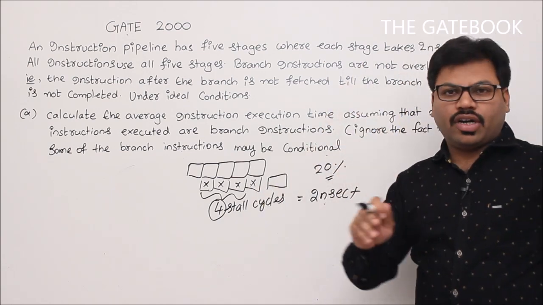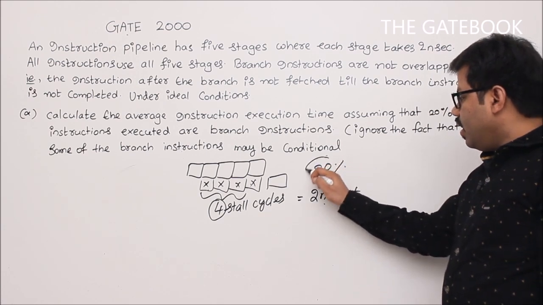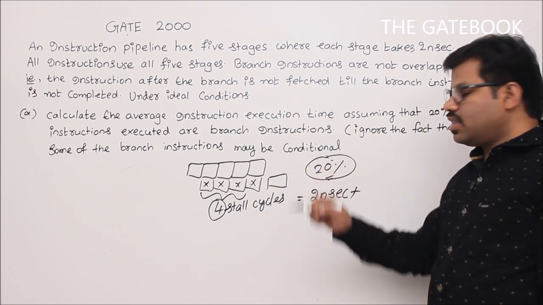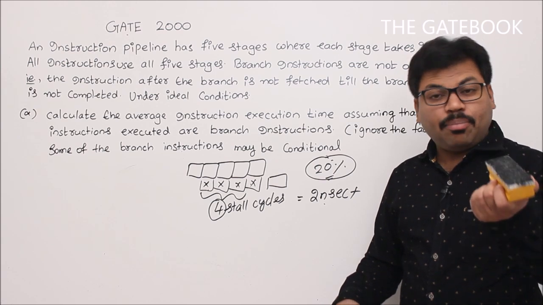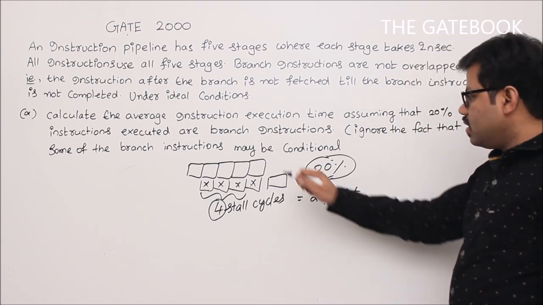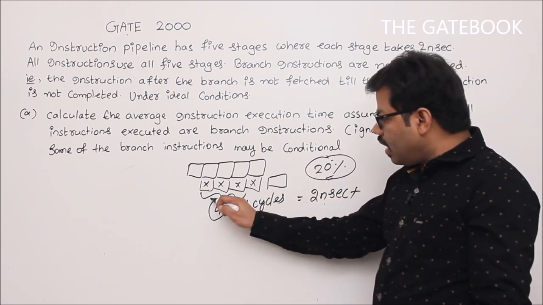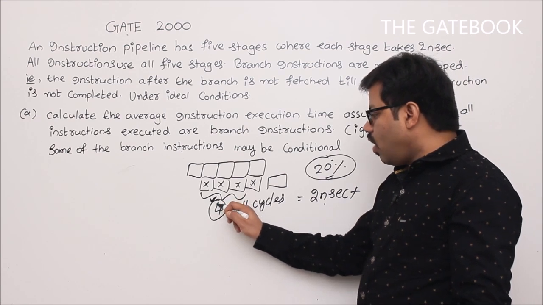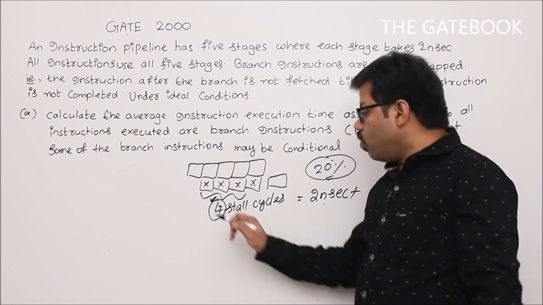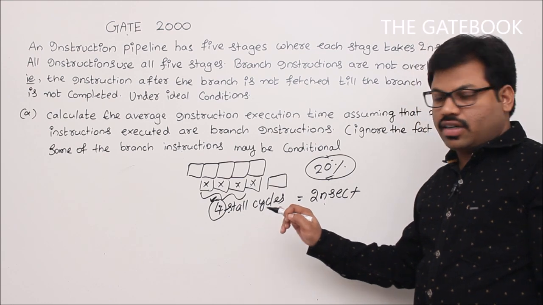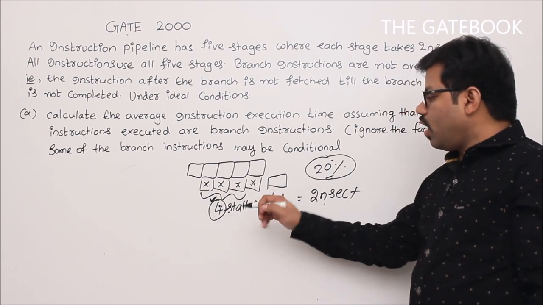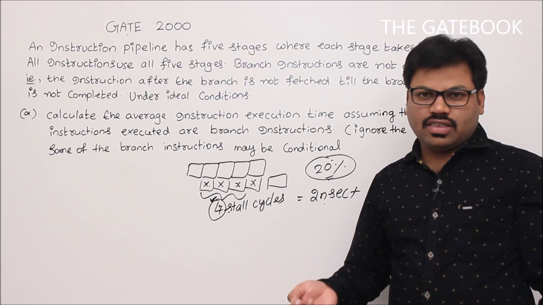We know that. But because of these 20% additional instructions, they are going to create a penalty. So Mr. Branch instruction, how much extra penalty do you have? 4 stall cycles. Try to understand. These 1, 2, 3, 4 are extra for these branch instructions.